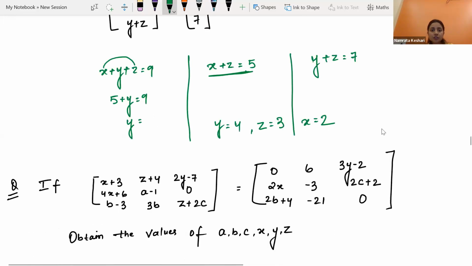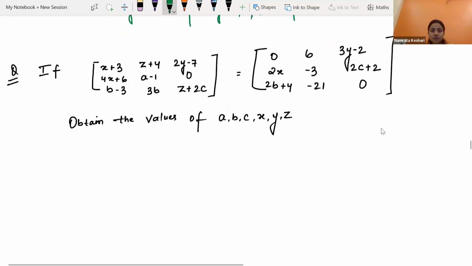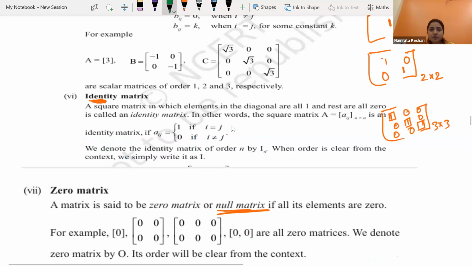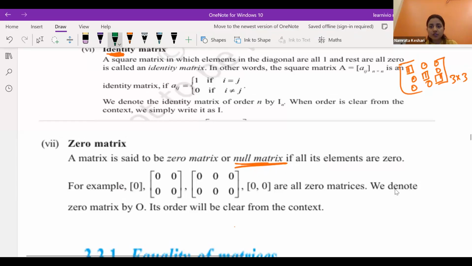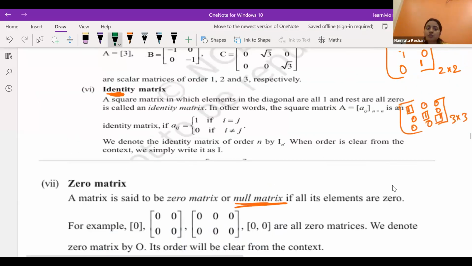Few more things over here. In types of matrix, there are two more types: triangular matrix, upper triangular matrix, and lower triangular matrix. This triangular matrix you will not encounter in your NCERT questions, but these types are there.